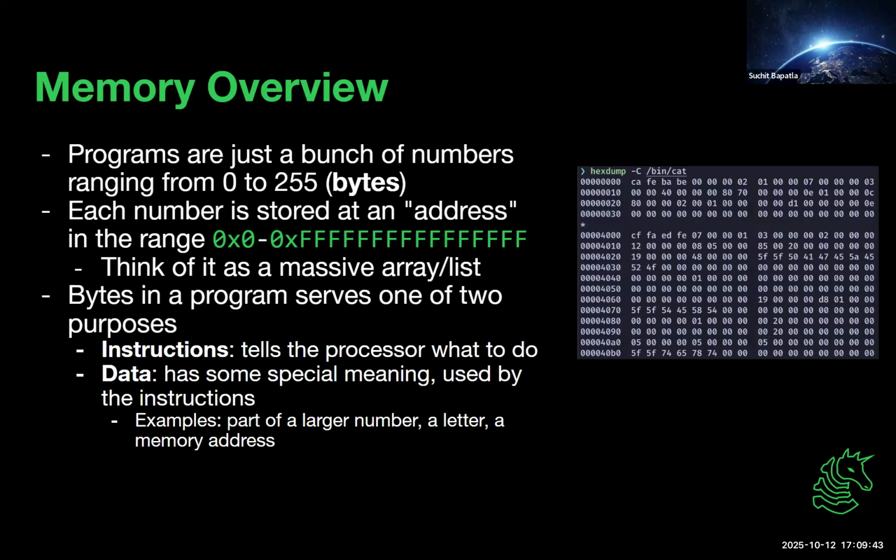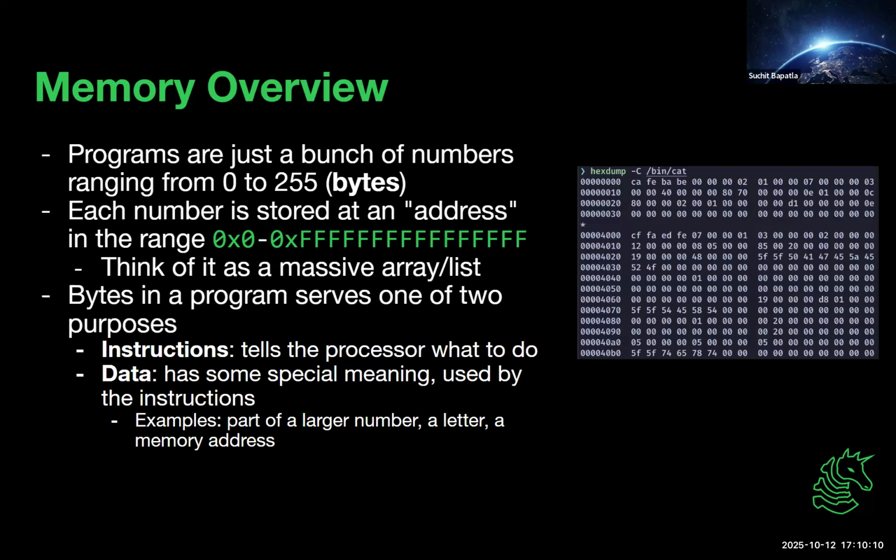So programs are just a bunch of numbers ranging from 0 to 255 bytes. And each number is stored in an address on your computer, and the ranges are from 0x0 in hex up to the maximum address. You can understand this as basically a massive list or array of stored values on your laptop. Bytes in the program serve one of two key purposes.